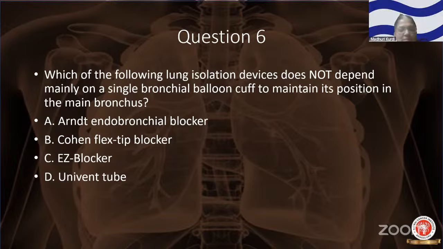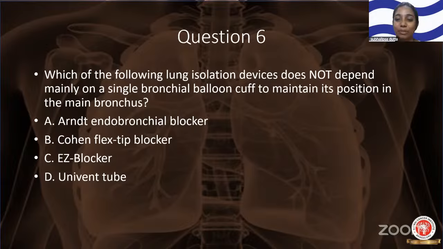How many have seen a blocker? If you have seen it, type the name of the blocker in the chat, so that this will help us to plan the next class on bronchial blockers. It is difficult to cover everything in one class. Just type in the chat box yes or no. Don't worry, we will not ask you further questions, just to see whether you have used or seen it or not. See, nobody is answering, right?